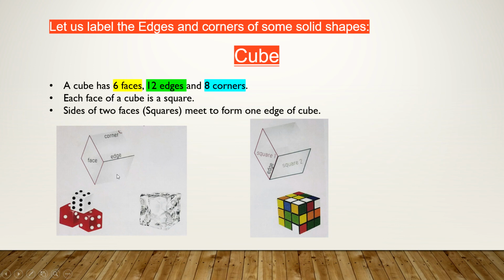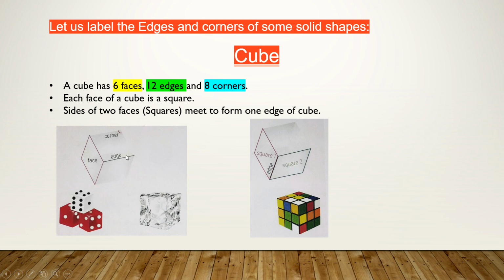So when 2 faces meet, we form this edge. These are 2 square faces, and this is another square face, and where they meet together an edge is formed. And what is a corner? Here you can see this is the vertex or corner, we can call it a corner.